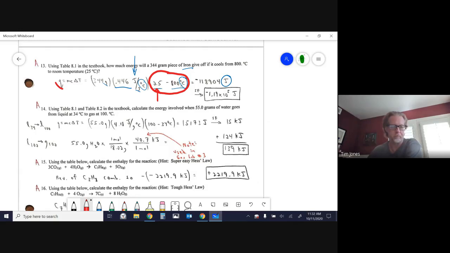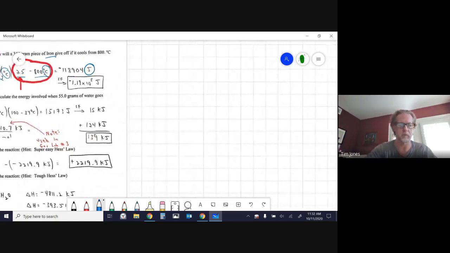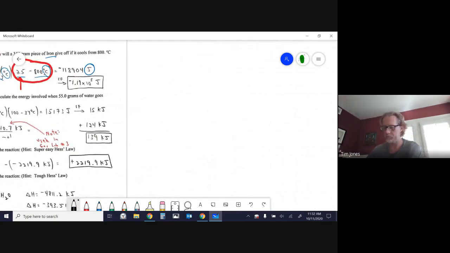14 is what I call a combo Q problem. You have to do multiple Q calculations, and there's a graph that can help you with this concept, so it's worth a moment to look at this. It goes by different names, but it looks like this.